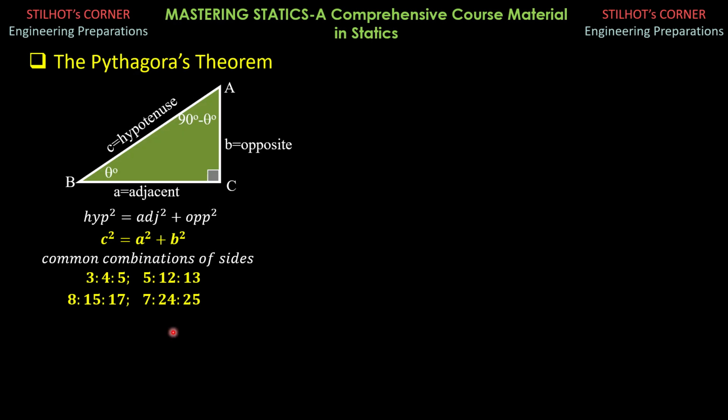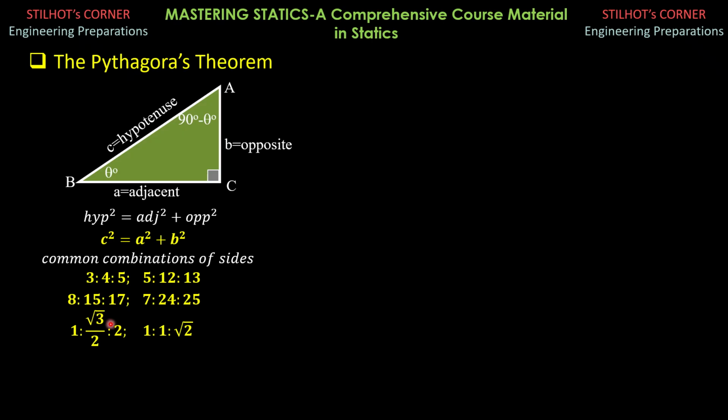Then for the 30-60 degree triangle, of course, the third is the 90-degree angle. We have 1, square root of 3, 2, and 1, 1, square root of 2 for the 45-by-45 degree right triangle.